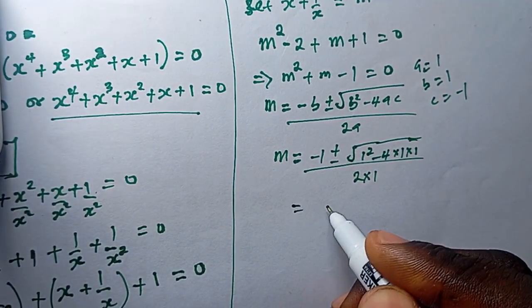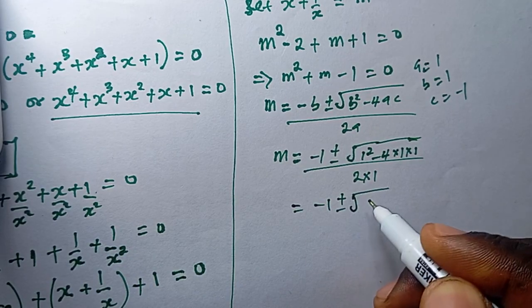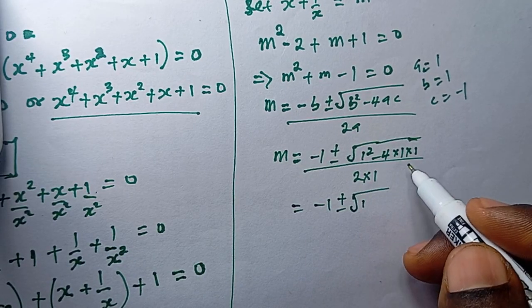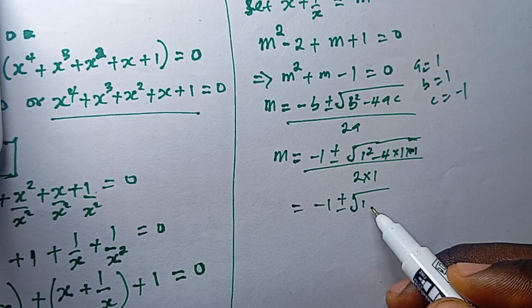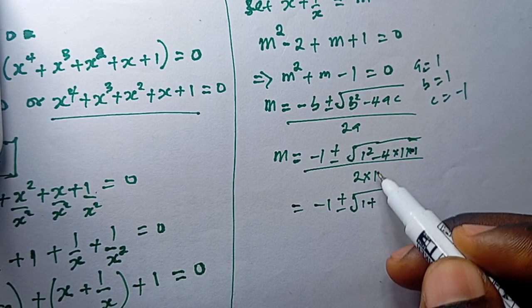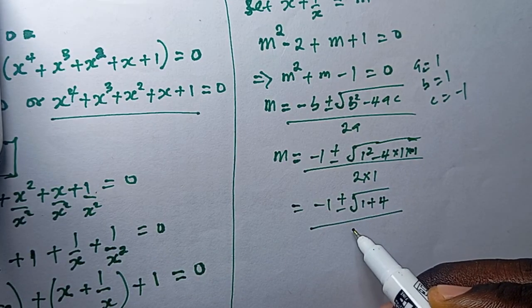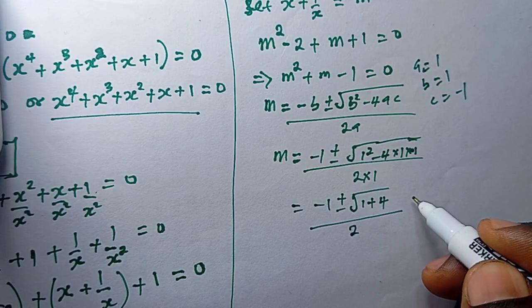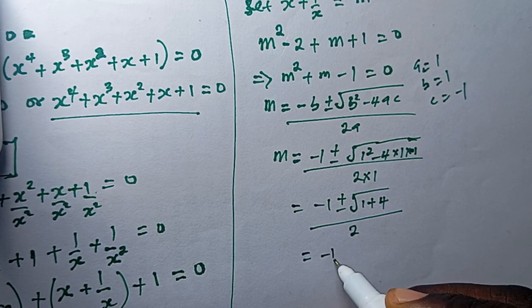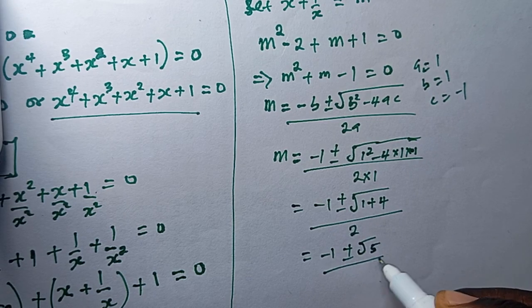So moving on, this is actually going to give us minus 1 plus or minus the square root of 1. Okay, c here is minus 1, so minus times minus is plus, and then 4 times 1 is 4, divided by 2 times 1 here is 2, and of course this is equal to minus 1 plus or minus root 5 divided by 2.